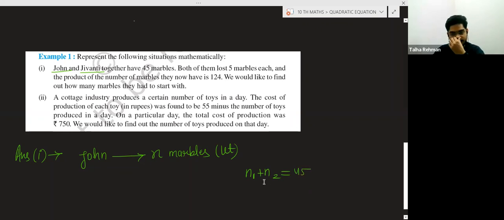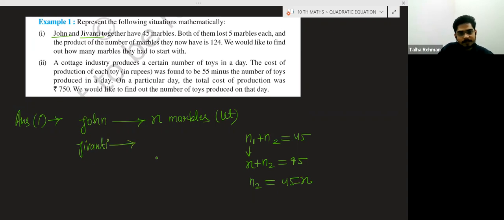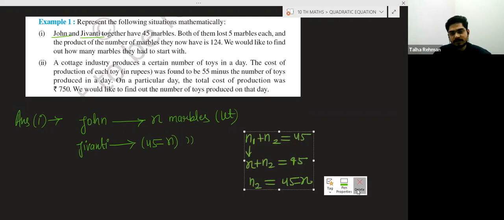They both have 45 marbles, and I am saying suppose John has X marbles. So N1 is X, and X plus N2 is equal to 45, so N2 is equal to 45 minus X. So automatically Jivanti will have 45 minus X marbles. Simple maths.